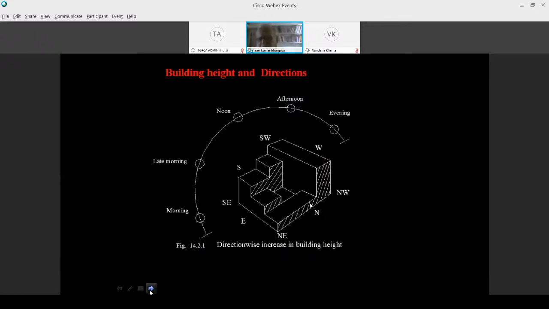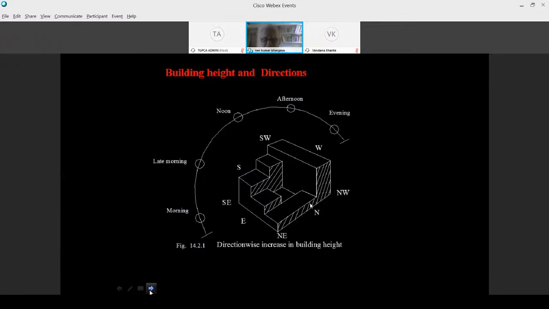So keeping the same plan or same shape, we can protect the building. We can extend the extreme western part of the building towards the south side.